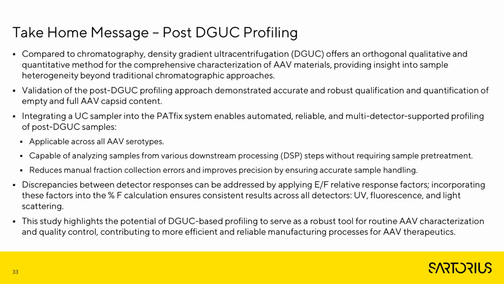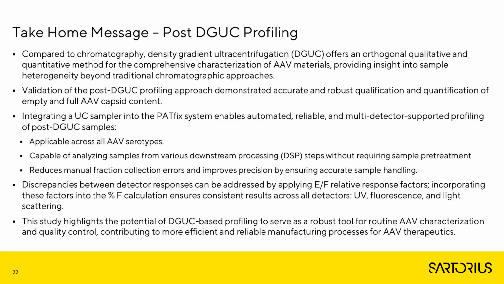So to conclude my part of the presentation, we demonstrated that compared to chromatography, density gradient ultracentrifugation offers an orthogonal, qualitative and quantitative method for the comprehensive characterization of AAV materials, providing insight into sample heterogeneity beyond traditional chromatographic approaches.